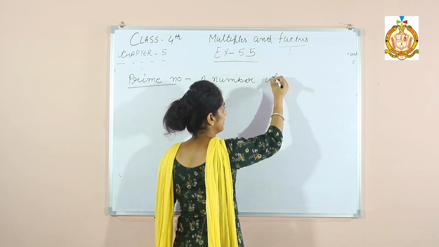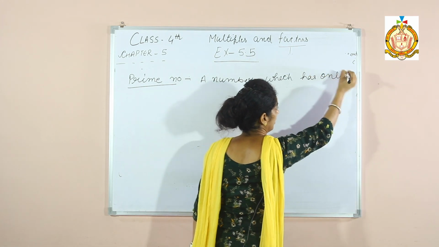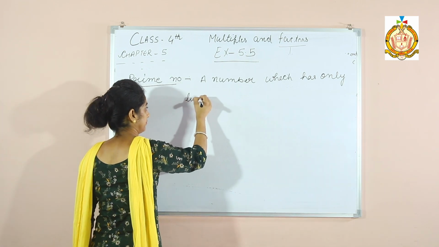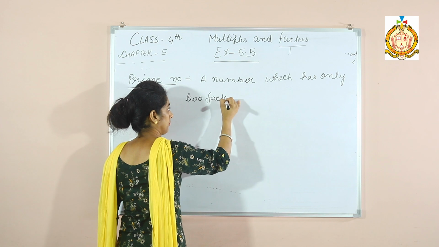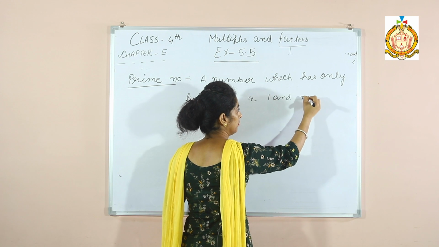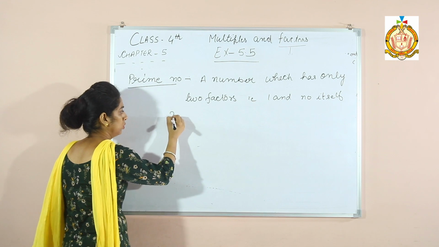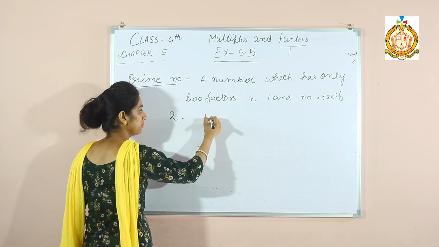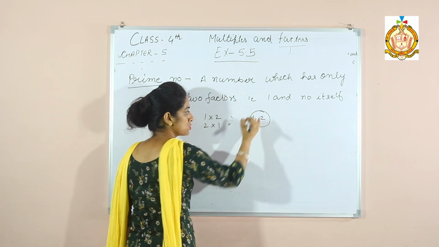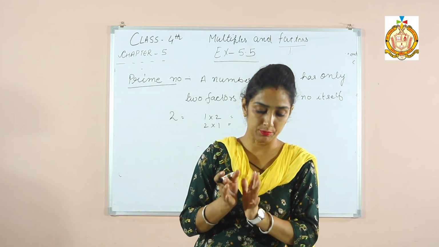Suppose there is a 2. Factors of 2 are 1 multiply 2, 2 multiply 1, which is 1 or 2. So 1 and the number itself, it is called a prime number.